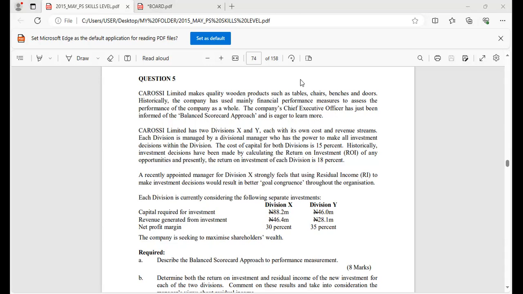So they want to go further to another type of performance measurement instead of the one they have been using before. And here we can see that they have two divisions, X and Y, and they have a percentage for each of the divisions for their capital employed. So I think that is all.